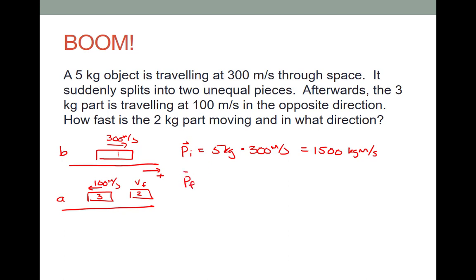Final momentum is going to be the 3 kilogram piece moving at negative 100 meters per second, plus the 2 kilogram piece with its final velocity. I can again say that initial momentum has to equal final momentum.